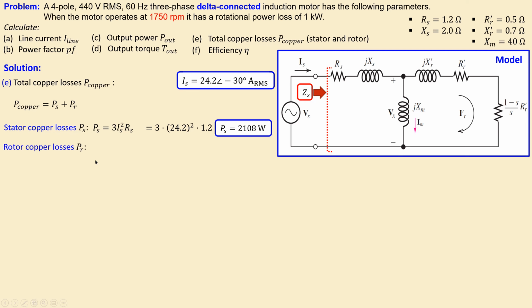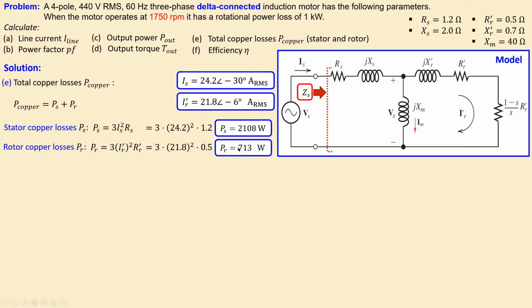The rotor copper losses, PR, again in a similar form, again 3 times, but this time we look at this branch, and we have this current IR prime, and we look at this resistor, which is what we have here. So if you now use the current value for that part, which is 21.8 amperes in RMS, then we have the result here, which is 713 watts.